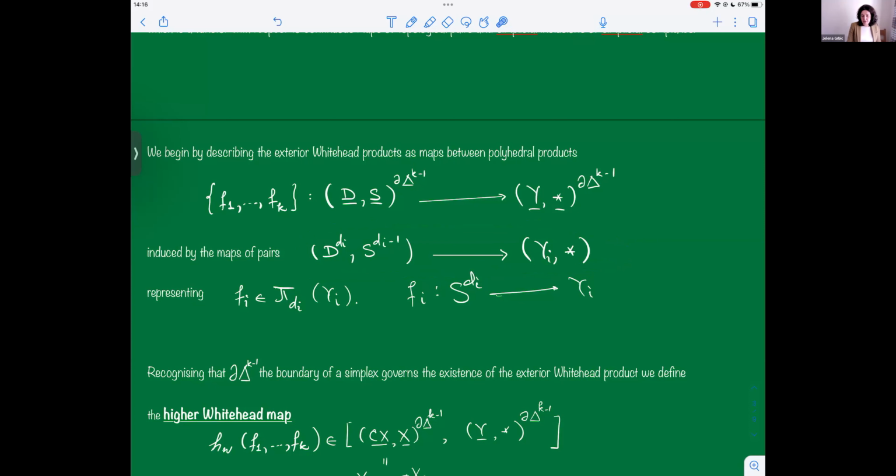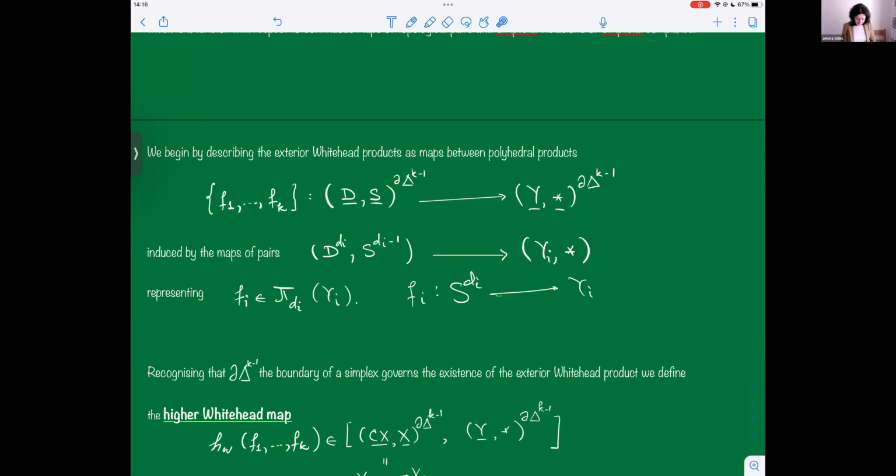Those maps of topological pairs, together with the fact that polyhedral products are functors with respect to continuous maps of topological pairs, induce a map between polyhedral products, and that map is exactly the map defined by Hardy as an exterior Whitehead product.